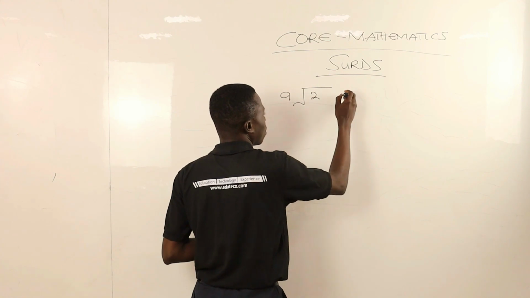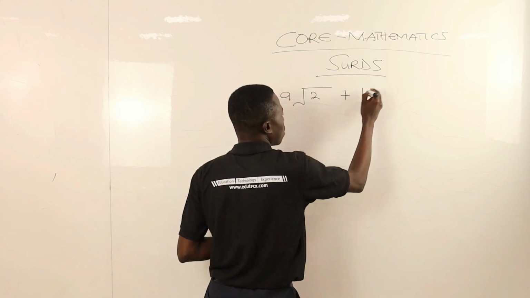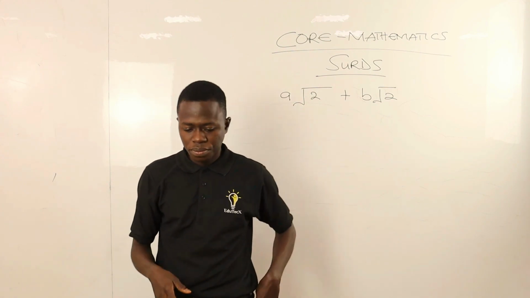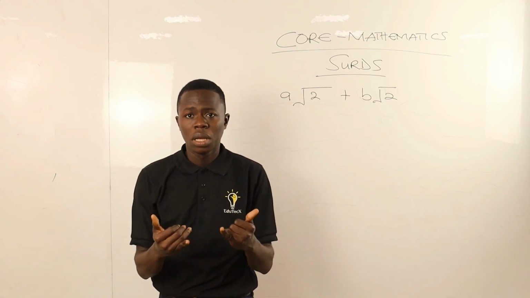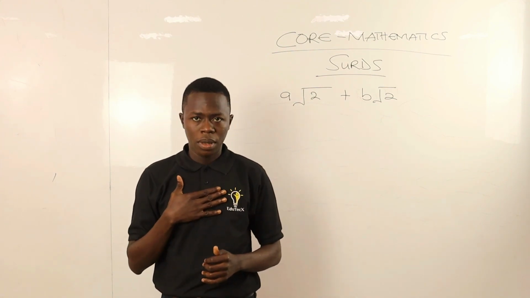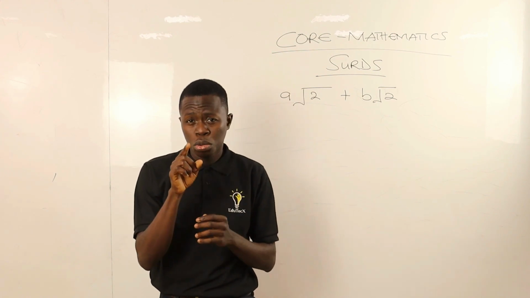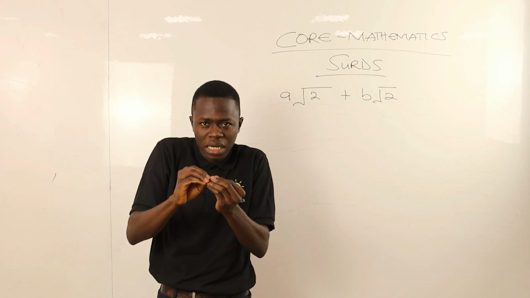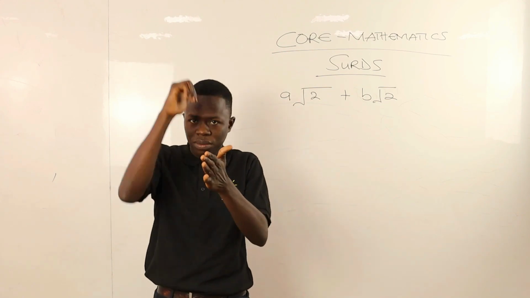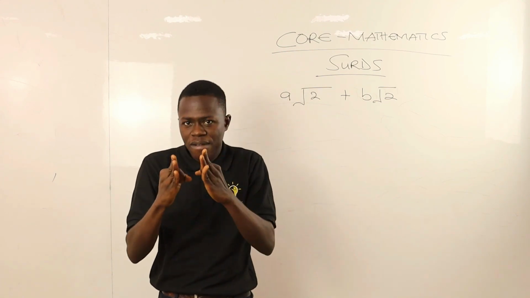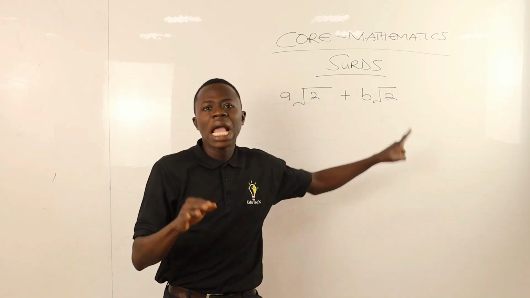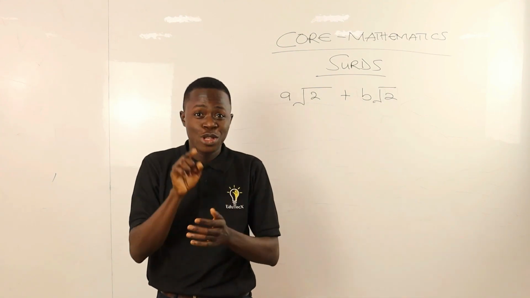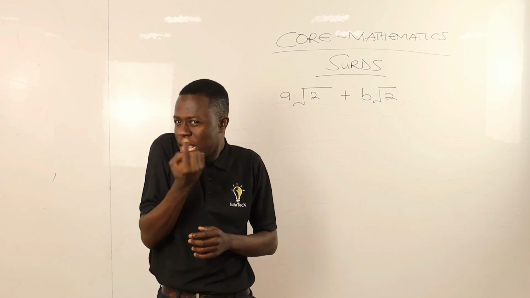We have an example of the form a square root of 2 plus b square root of 2. However, students, kindly note that the only time you can add or subtract surds is if the numbers under the square root sign are the same.